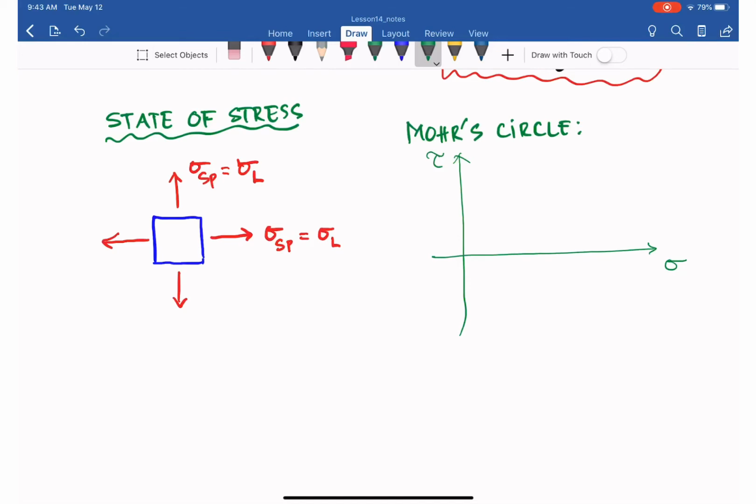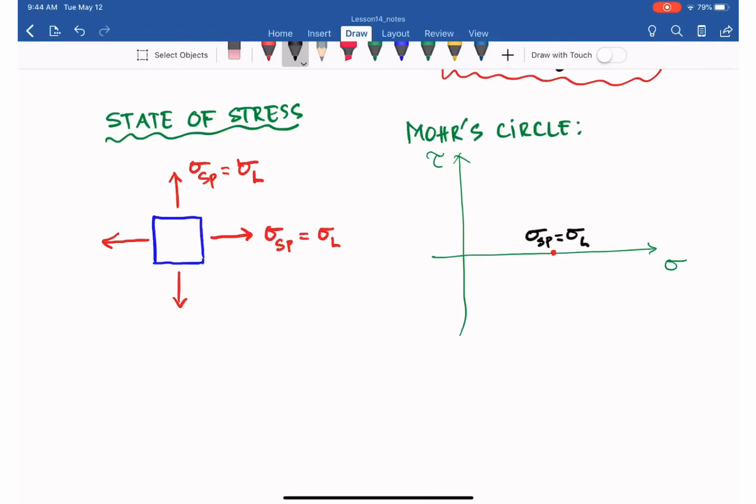And as you can see, for the sphere there is only 1 point, because both the x and y components, or 1 and 2, are the sphere stress. So what does that mean? Sigma 1 equals sigma 2 equals sigma sphere, which equals sigma L. So it only has 1 point. That is the Mohr's circle, very simple: the sphere at that 1 point equal to sigma L.